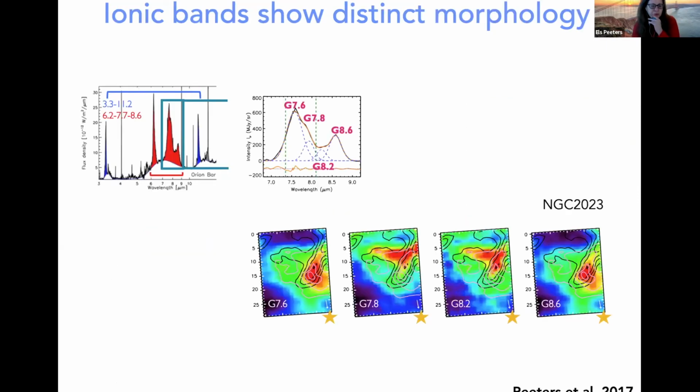And moreover, our Spitzer spectral maps have shown that if you look at the emission of pure ionic bands, as they are known, and you divide them into different components, their spatial morphology is quite distinct. And so that means that we can probe something in these spectral maps that goes beyond charge and size of PAHs.